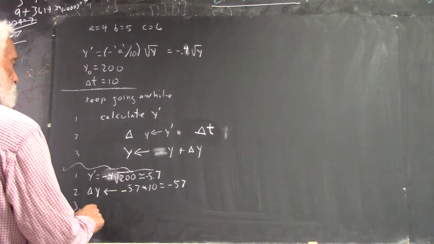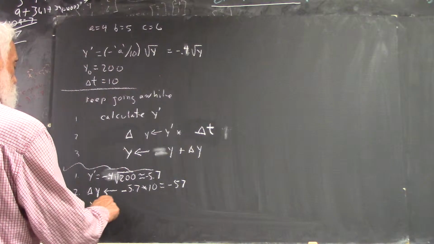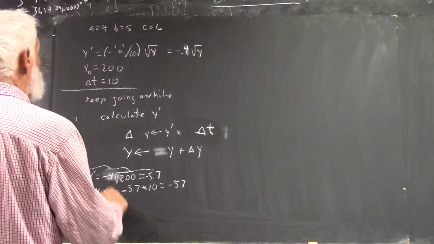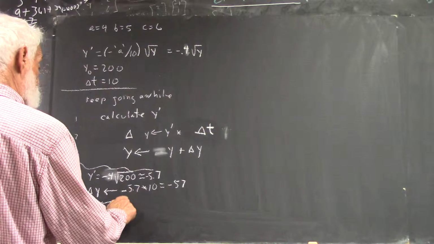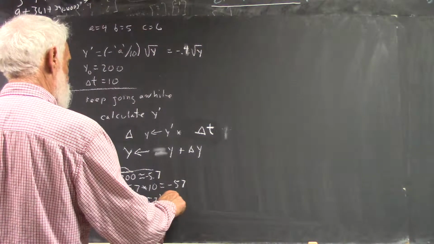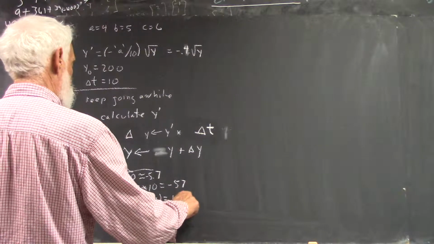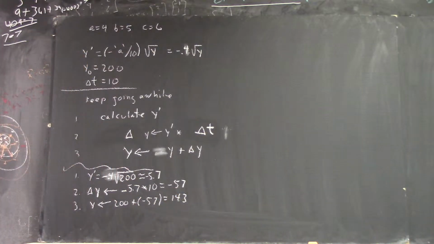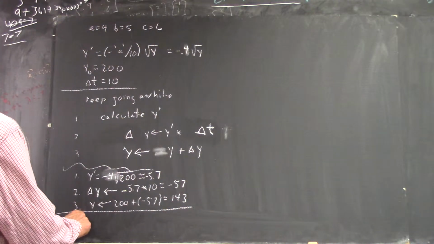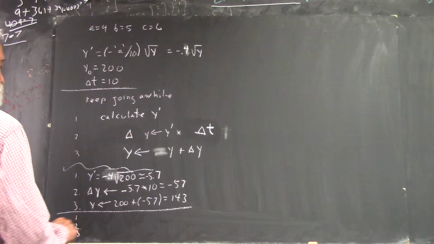And in the next step, y becomes y plus delta y. Well, y is 200 plus negative 57, and that equals 143. Okay? So now we've done it, what do we do next? Well, we do steps 1, 2, and 3 again.